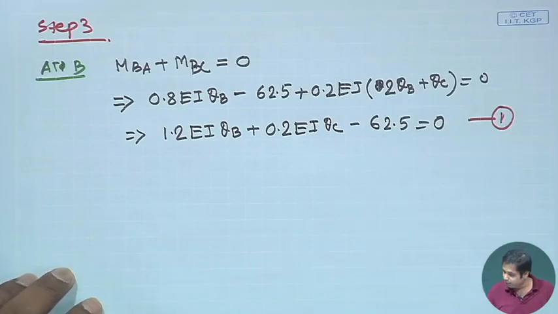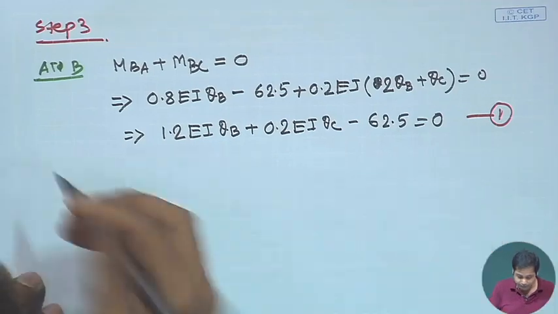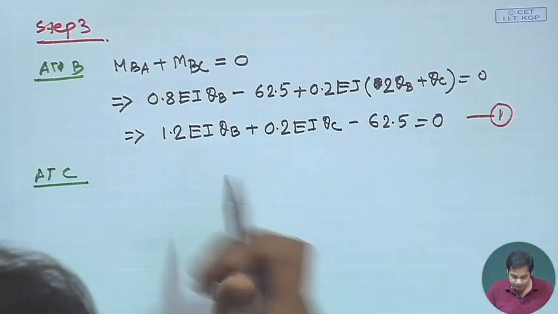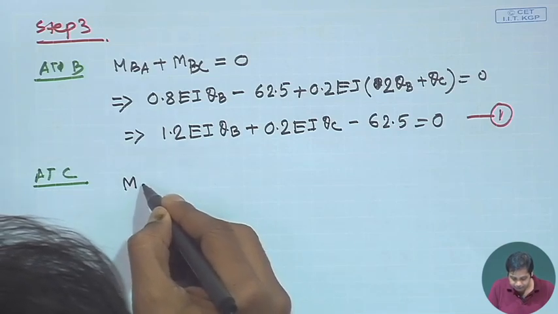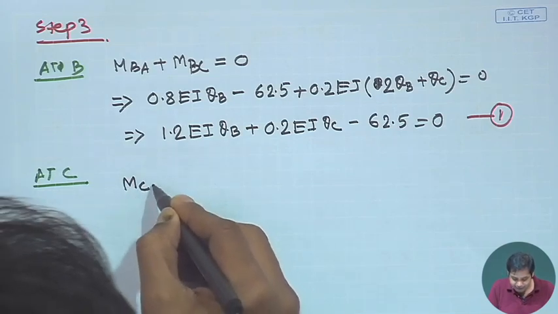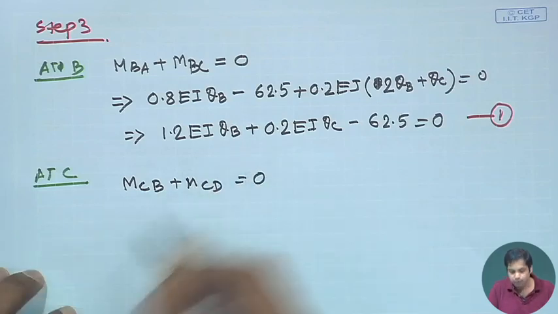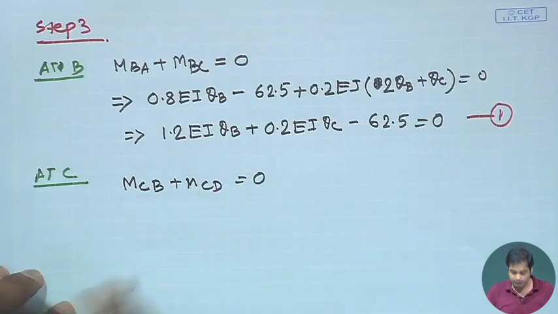Okay. And similarly, we can have at C, and what is the equilibrium condition? MCB plus MCD is equal to 0. That is the equilibrium condition.